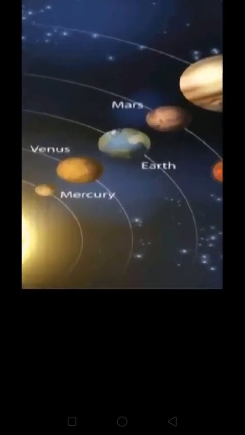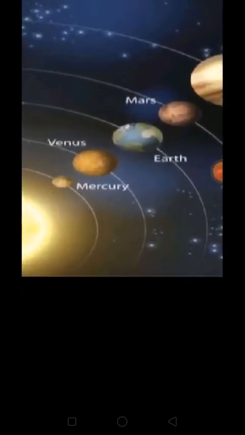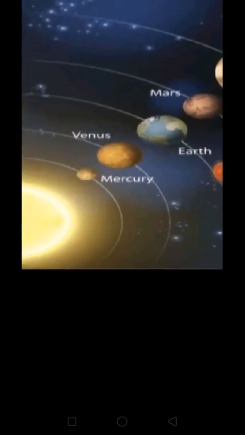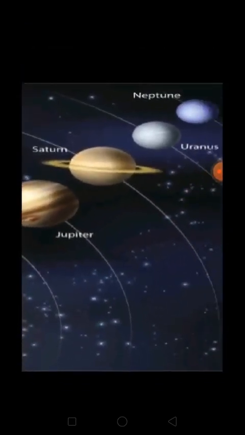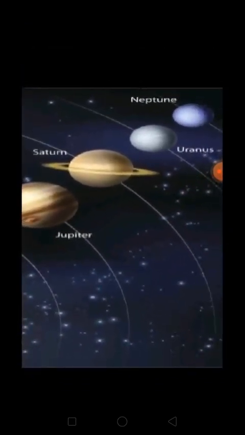So let's talk about the first 4 first. These 4 planets have smaller orbits than the rest of the 4, so they are known as inner planets, and the later 4 are known as outer planets, as they have bigger orbits to move.